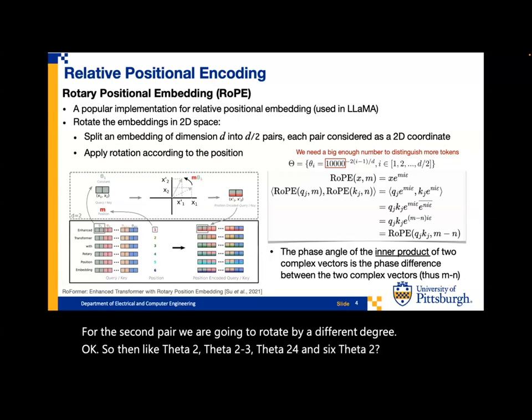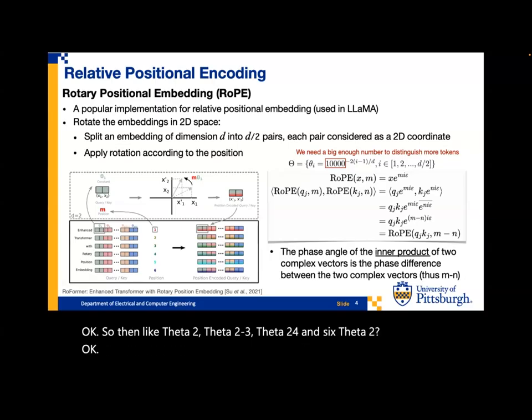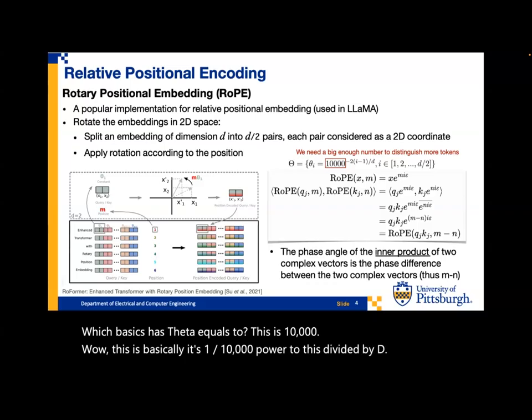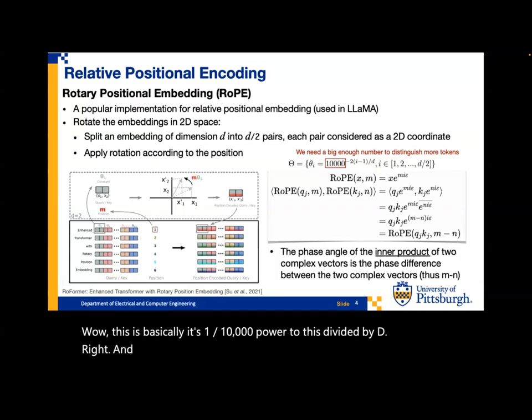But how do you derive this theta 1, 2, and 3? It's derived by this equation, which basically says theta equals 1 over 10,000 to the power of 2i divided by d. And what's the relationship among these thetas?